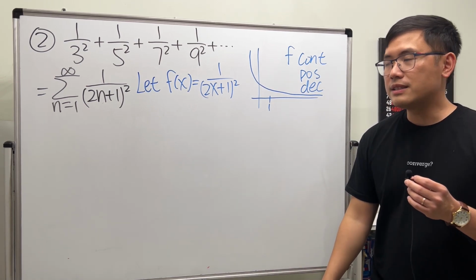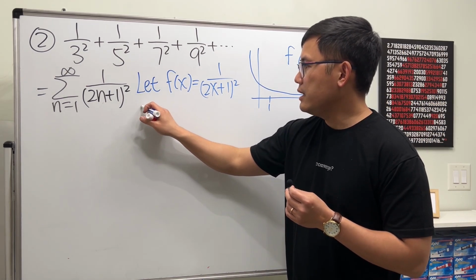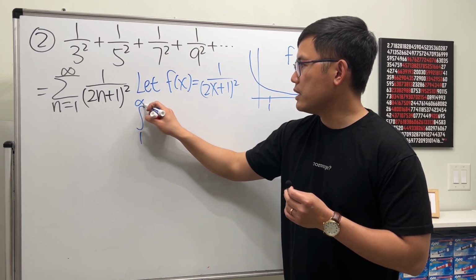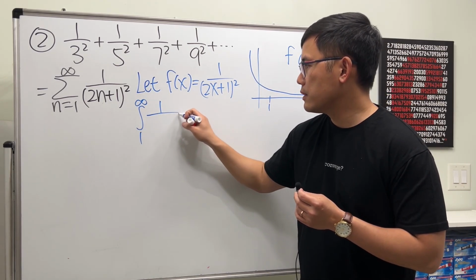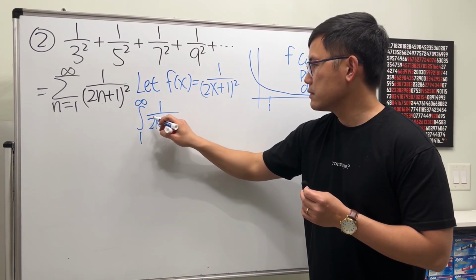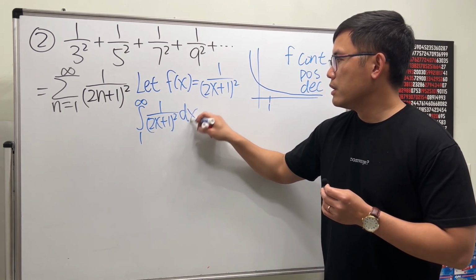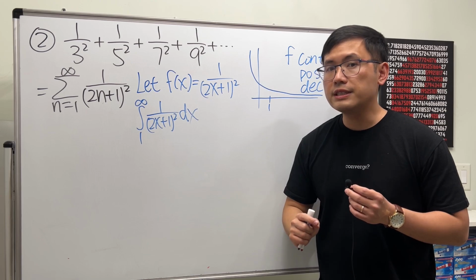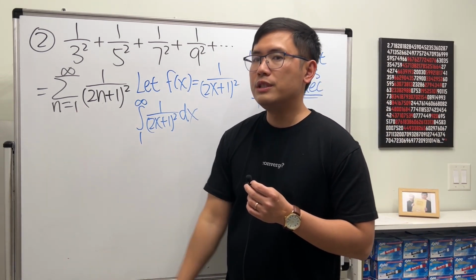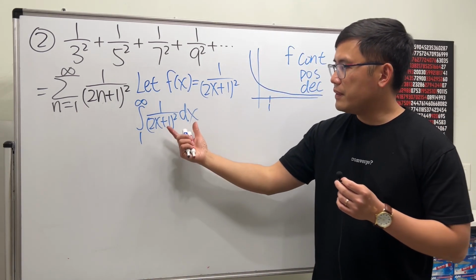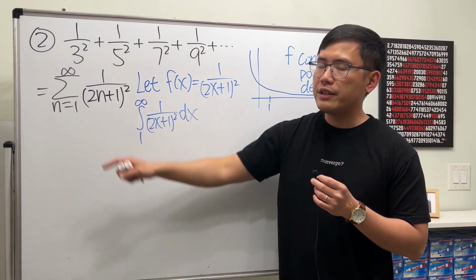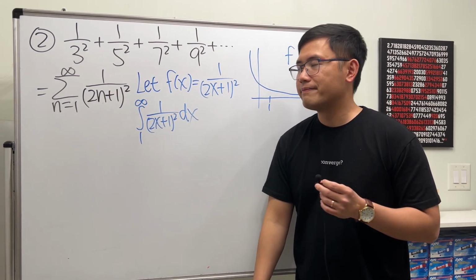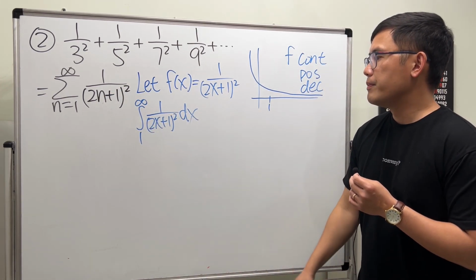And for the integral test, we are just going to check the integral going from 1 to infinity of this function. And the integral test says if this improper integral converges, then this infinite series also converges. If this right here diverges, then that right there also diverges. So we just have to compute it.